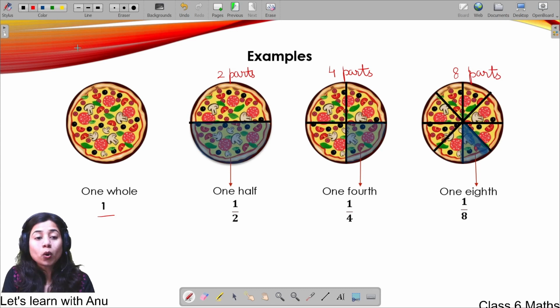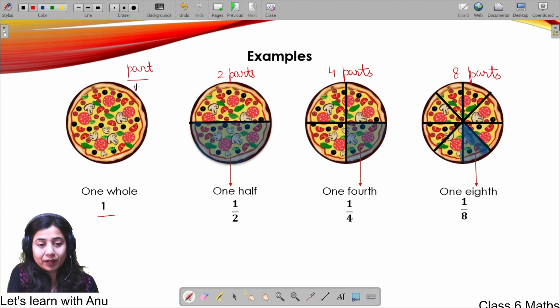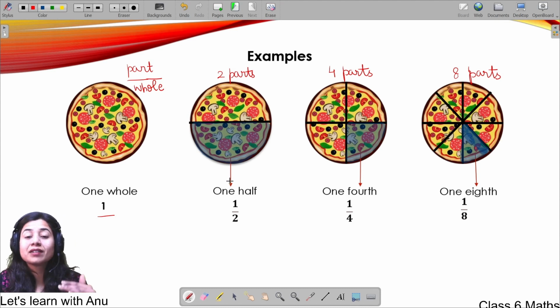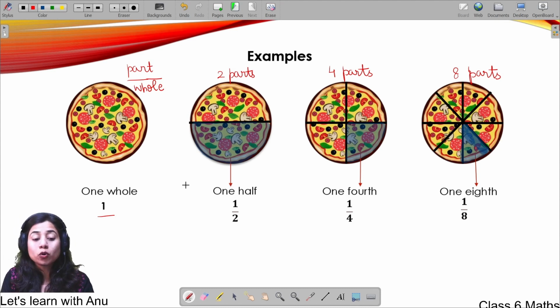Right? So we all know that fractions are nothing but the part of a whole thing. The upper part is known as numerator, and the one that we are writing below the line is known as denominator. So I want to tell the fractions of the pizza that I have eaten in the different scenarios.